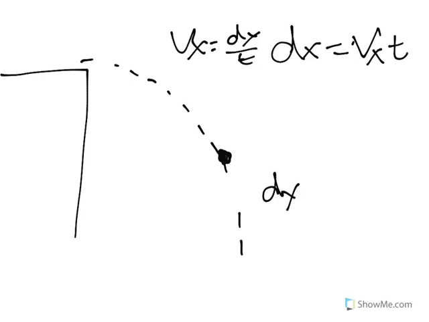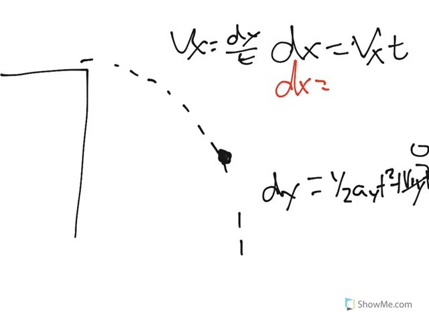We also have to do 1/2 ay t squared plus viy t. We know the initial velocity in y is 0, so that goes away. Now, what time do I use? Since it tells me it's 2 seconds after leaving the ramp, I'm going to use 2 seconds. So dx equals the velocity in the x, which is 5, times 2. So in the x direction, it's at 10 meters.